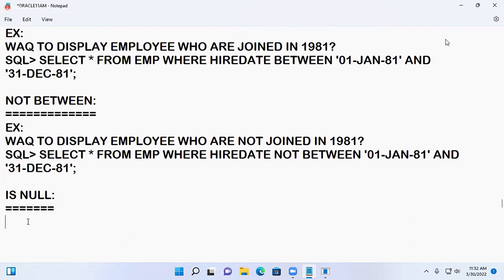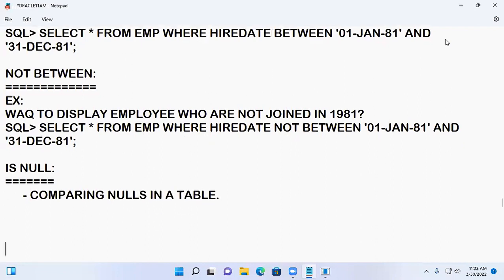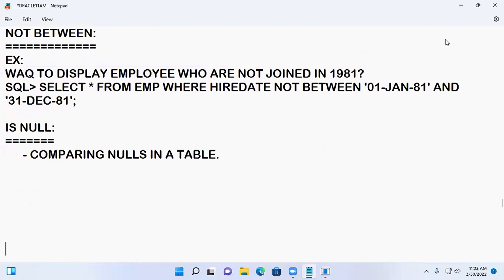So now is null operator, the purpose of this operator is what now? So whenever you want to compare nulls in a table, there compulsory we should use the is null operator. Okay, so comparison of nulls here, that null means empty cells. So at the time compulsory we should use is null.